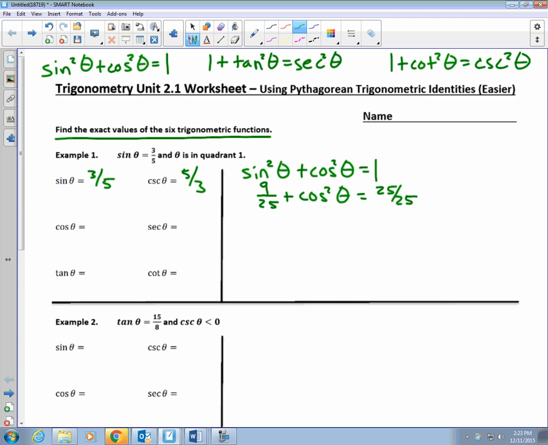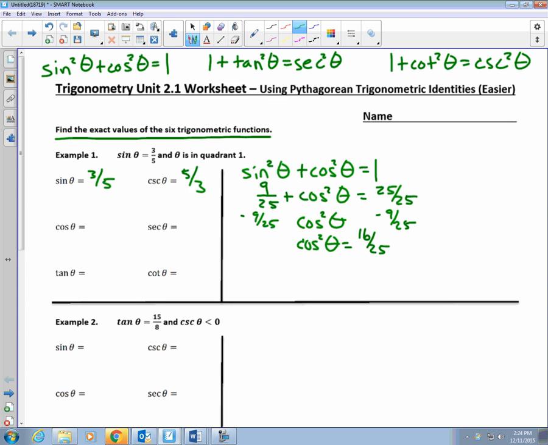What do I do now? I subtract the 9/25. I get cosine squared of theta is equal to, what's 25/25 minus 9/25? 16/25.